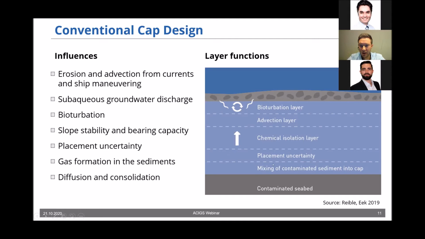Then we have issues with the mixing, of course, of the contaminated sediment and the clean sediment. And we have some other influences like gas formation, diffusion and consolidation and so on.